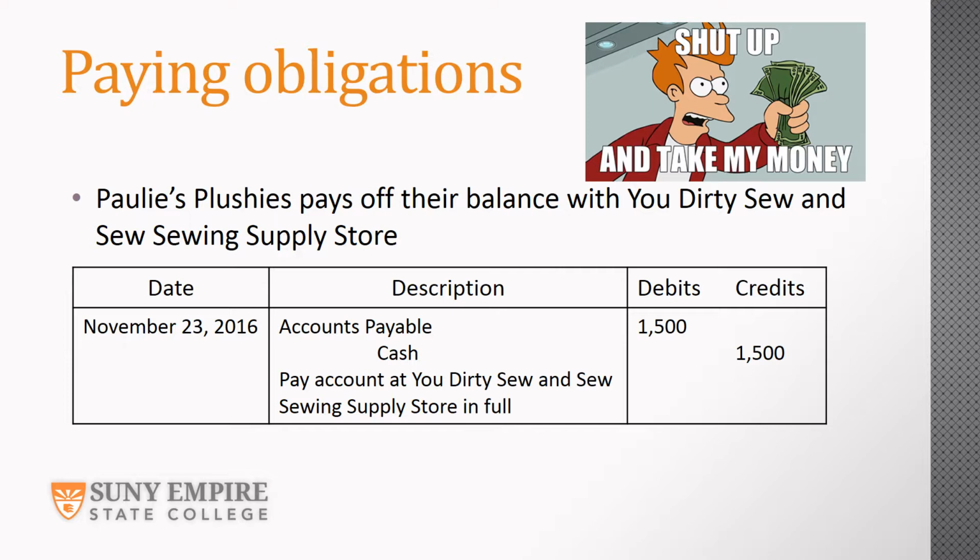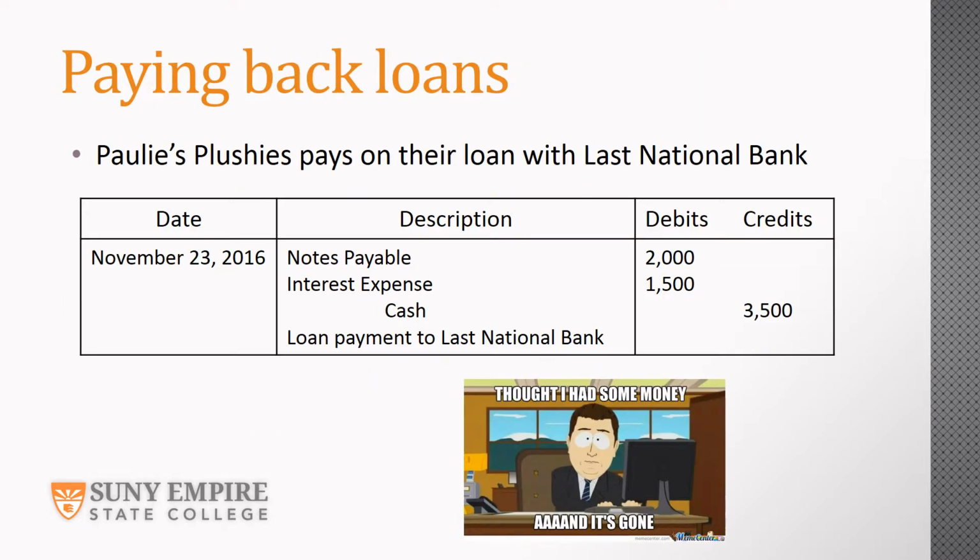Polly also needs to make a payment on his mortgage with Last National Bank, which he does on November 23rd, 2016. The amount of the payment is $3,500. However, not all that payment goes directly toward the actual loan. Part of the payment is used to pay the interest built on the original loan amount.